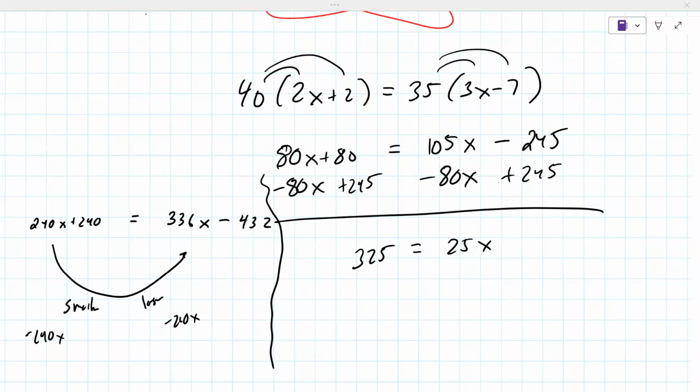That's 80 plus 245. That'd be 325. You're dividing to solve for x. Dividing by 25.